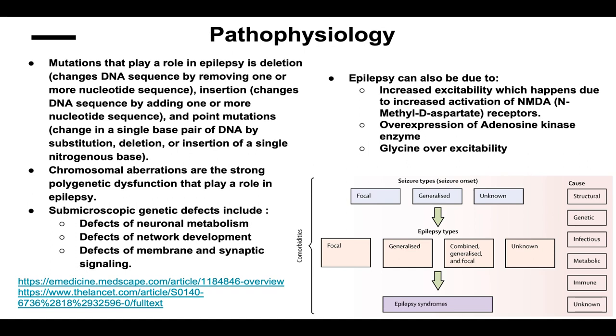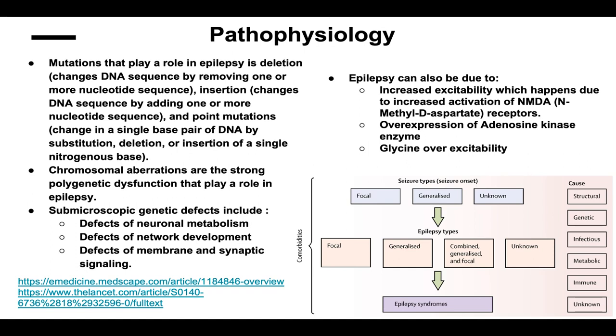Chromosomal aberrations are the strong, like, phylogenetic dysfunction that play a role in epilepsy. Some submicroscopic genetic defects include defects of neuronal metabolism, network development, or membrane and synaptic signaling.